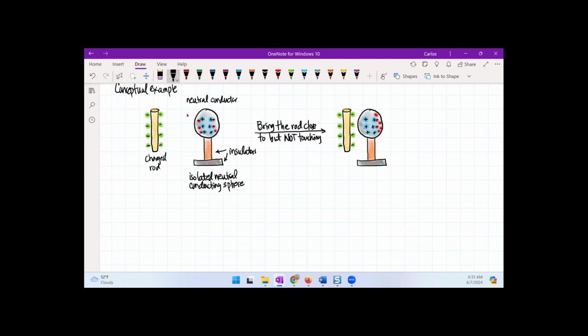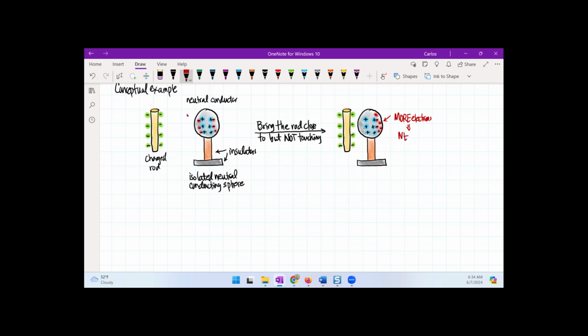So as a consequence, here's what we're seeing here. On this side right here, I have more electrons, which then tells me that this is negatively charged.